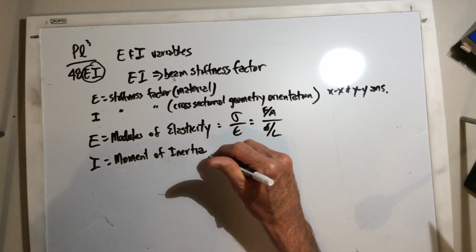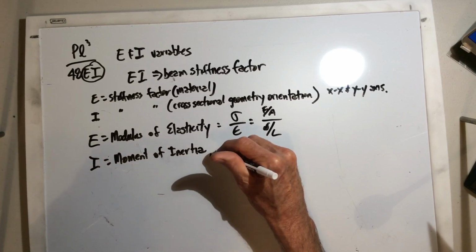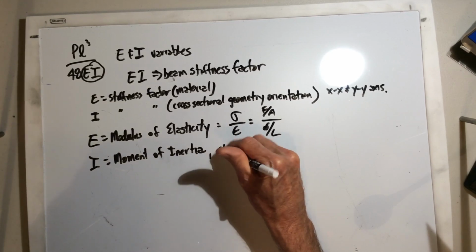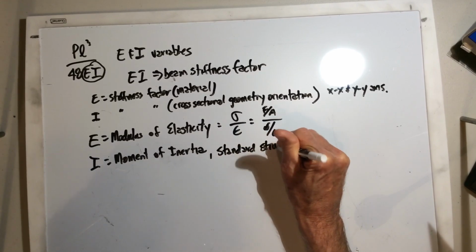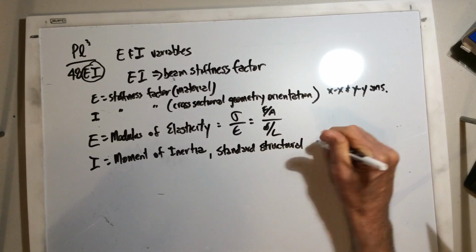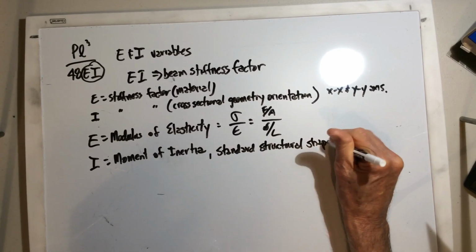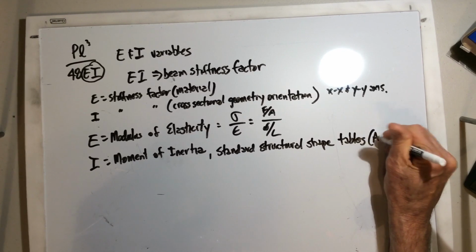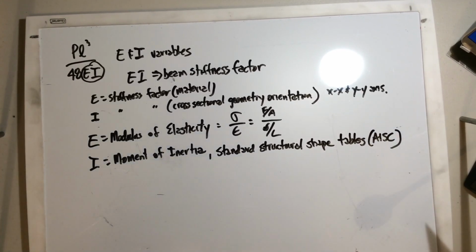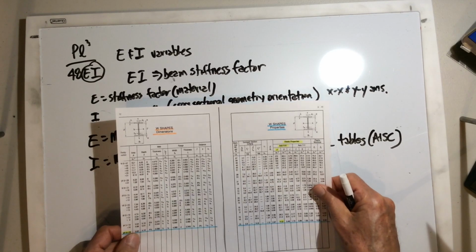It is obtainable through standard structural shape tables, which would be in that AISC manual that I just showed you a moment ago, as clearly depicted here.